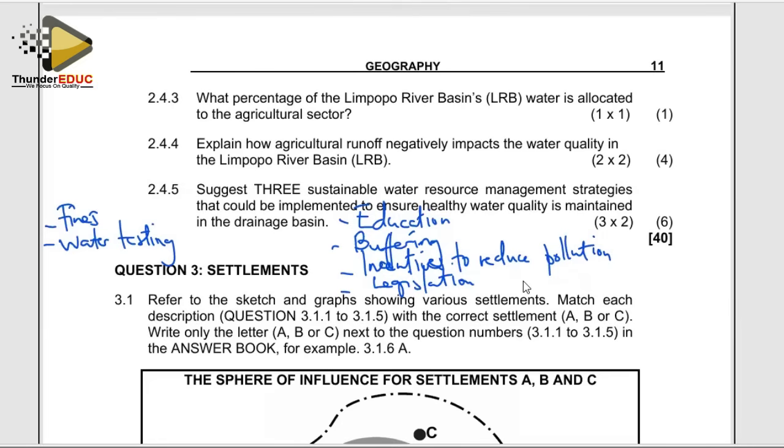And also we can look at protecting wetlands. We limit construction in wetlands because that is where also our water is accumulated from, such that we also have an effective and efficient guaranteed supply of clean and quality water.